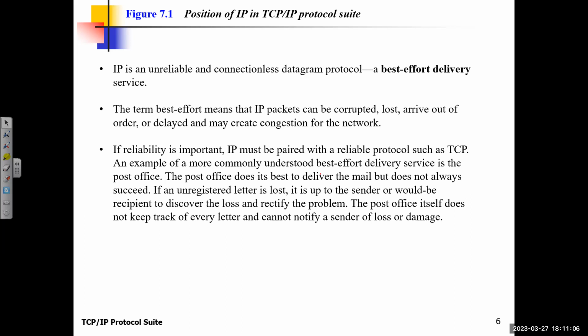That's why if you want to send a very important letter, you use registered mail. You have to pay extra money. You register, they send a notification, and then you can track it. When it's delivered, you will know it's delivered. If something happened, they will notify you. That's the same idea. That's why you have to pair IP with another protocol like TCP.